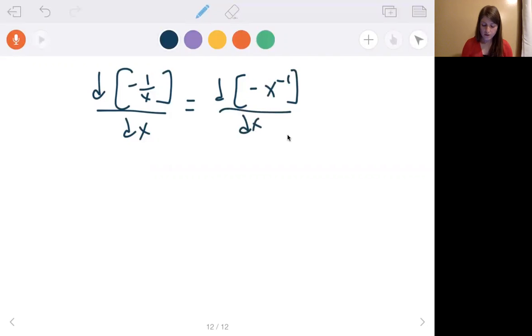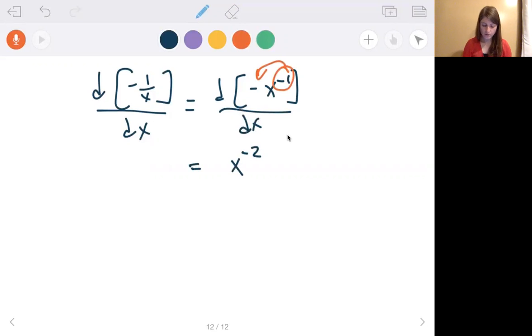So if we are differentiating, now we can apply the power rule for derivatives. So I can drop my power, multiply that in front. So my negative times -1 gives me a positive. And then if I drop my power, -1 minus 1 gives me a -2. And that's it.